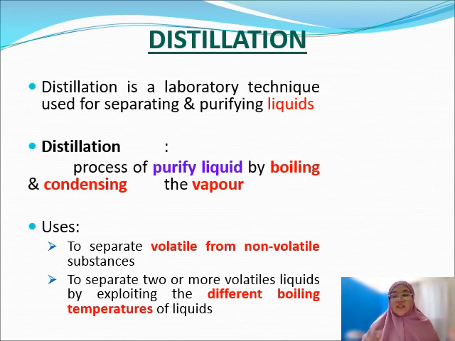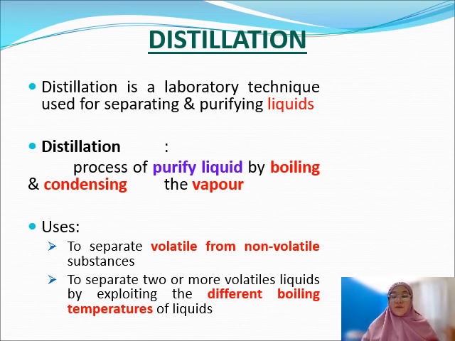The key thing you have to know about distillation is that it involves the process of boiling and condensing. Boiling means didih, and condensing is a process of changing from vapor.